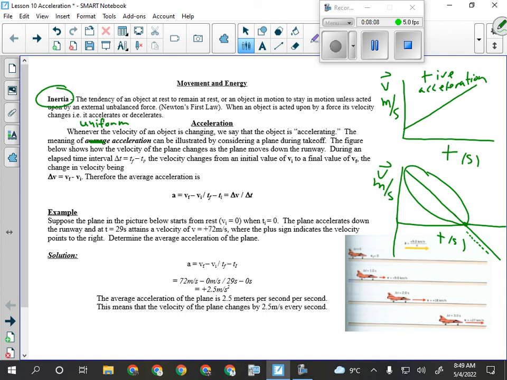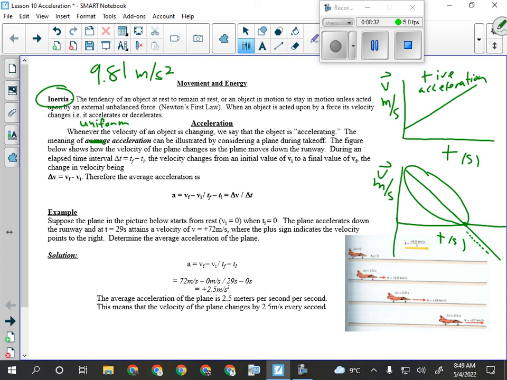For example, acceleration due to gravity is uniform acceleration. If something is falling, it accelerates at 9.81 meters per second squared. That means every second it will go 9.81 meters per second faster than the second before.